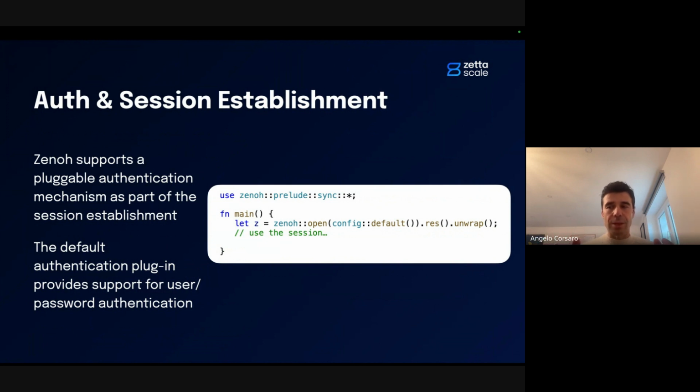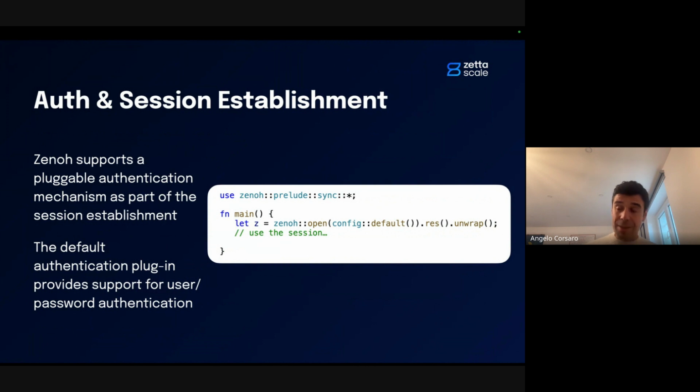And why do we do that? Because nowadays, being on the same host doesn't mean anything, right? We can be on the same host, but not on the same memory domain. And so if I assume that I can do shared memory with you, I might be very much disappointed. So in Zenoh, at session opening, if shared memory is enabled, then we will also do a check.